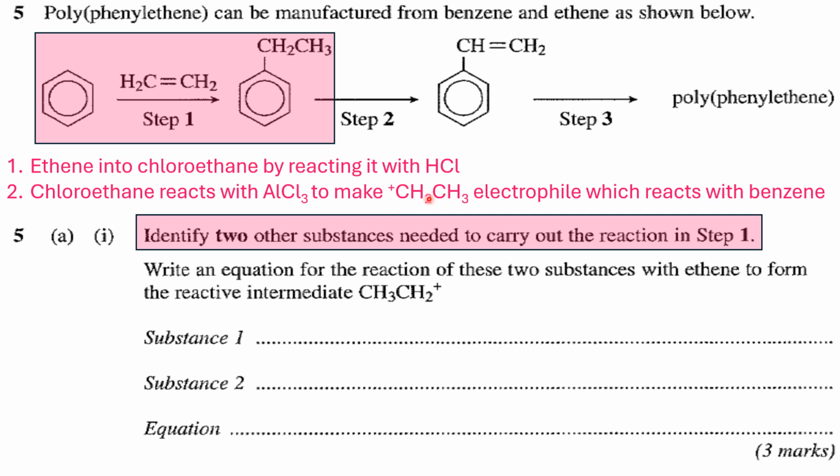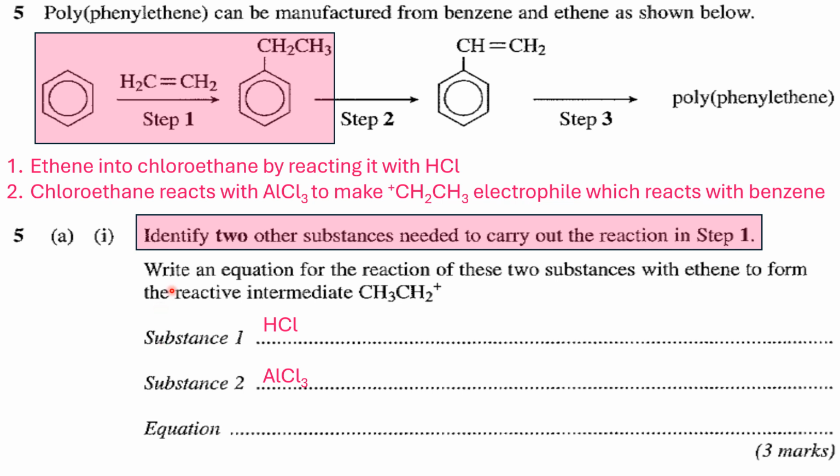So in other words, don't put it over here next to the CH3, put it over here on the CH2, because it's that carbon that actually ends up here. So you'll notice where I'm highlighting it, there's a bond. So therefore that's where the positive charge should be on the electrophile. It should be on the atom that forms the bond with the benzene ring. So the 2 substances that we're looking for are HCl and AlCl3.